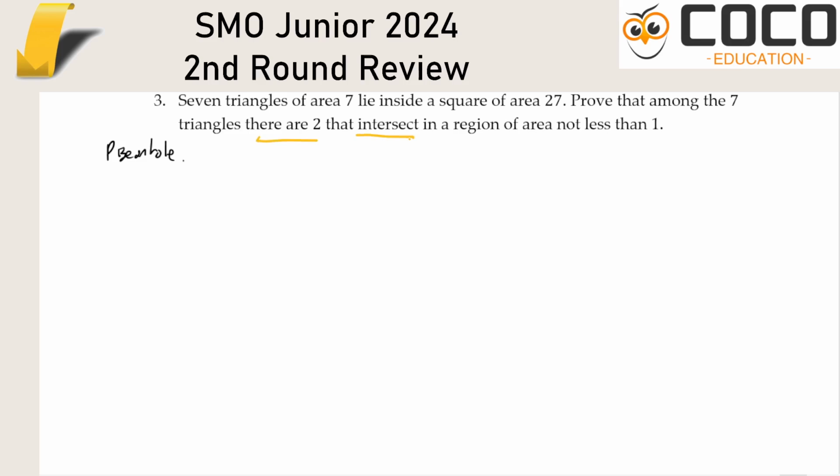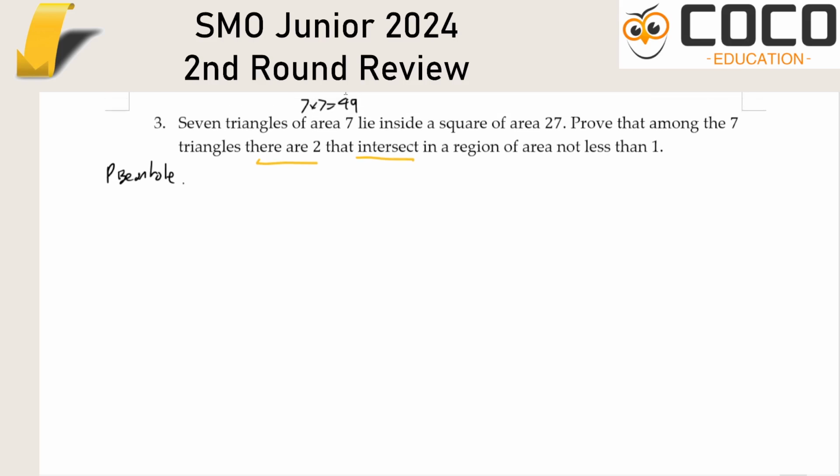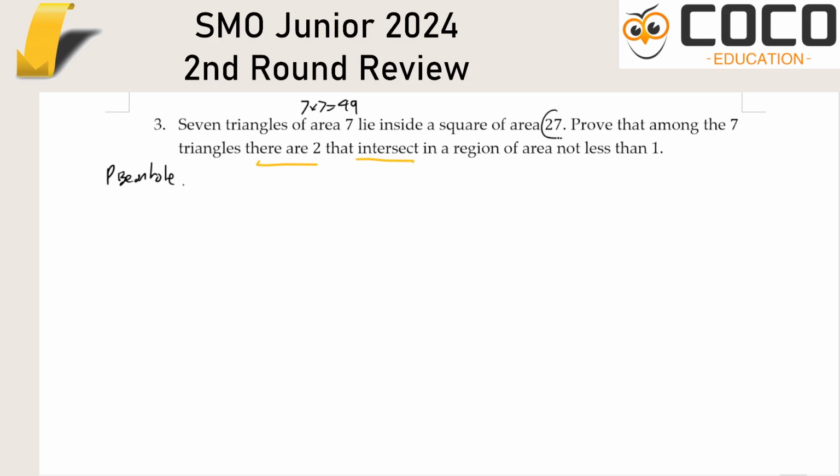Now, of course, 7 triangles of area 7 means the total area is 49, in a square of area 27. So some triangles must overlap. That's obvious, right? There's just not enough space. But I want to say not less than 1. So it's not just enough to say they do overlap. I would like to make sure I know how much overlaps.